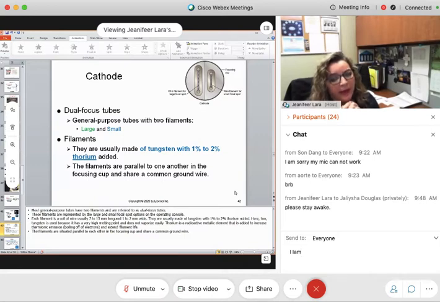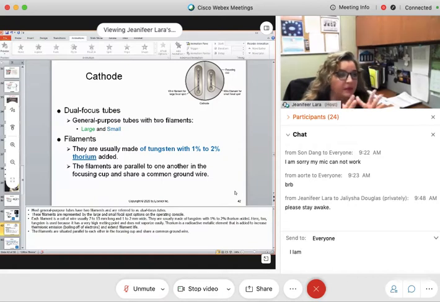Thorium is a radioactive material, and this is going to be special because we're going to talk about energy conversion here. So thorium is added so that it can withstand the high melting points, complementing the tungsten.